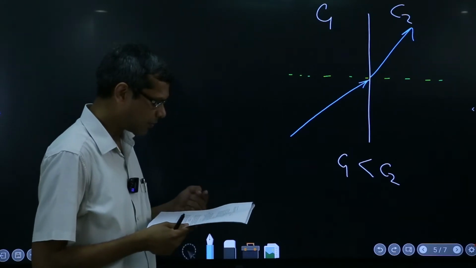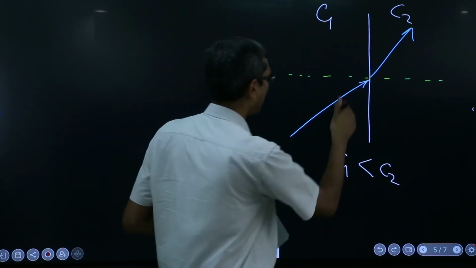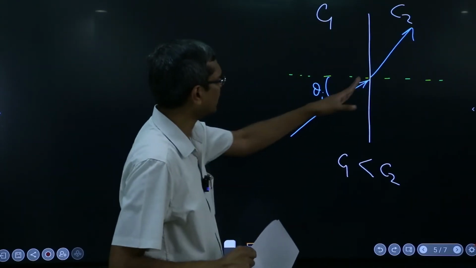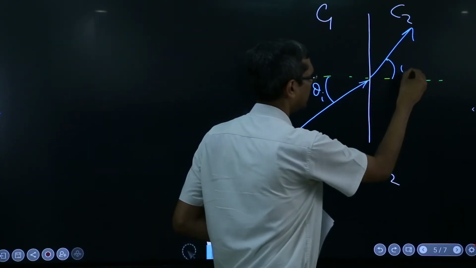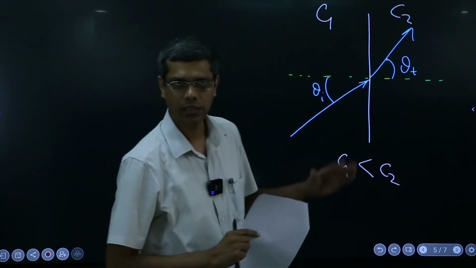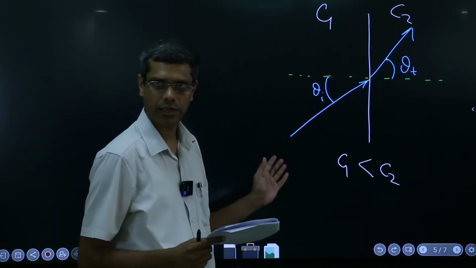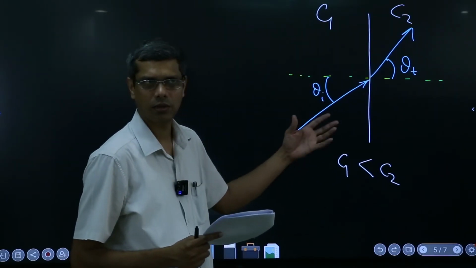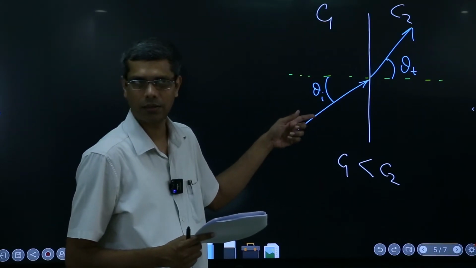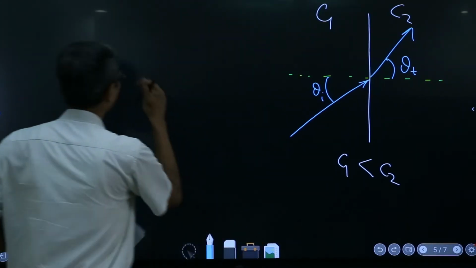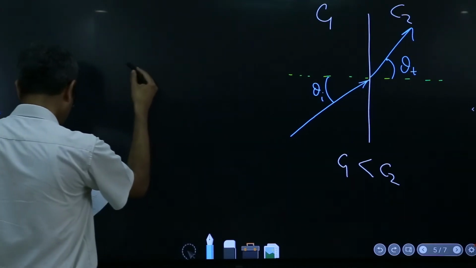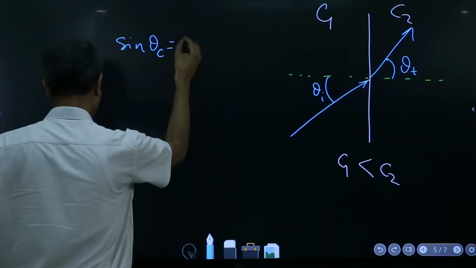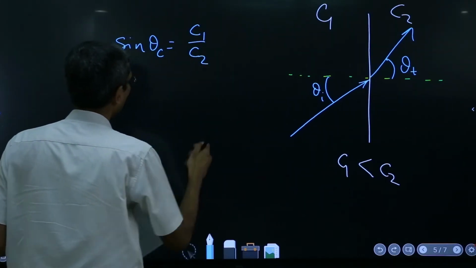Now you can get to an angle theta I so that this angle theta t becomes 90 degrees. You know this from optics as the critical angle, isn't it? So now under such conditions, sine theta c, theta critical, will be equal to C1 over C2.